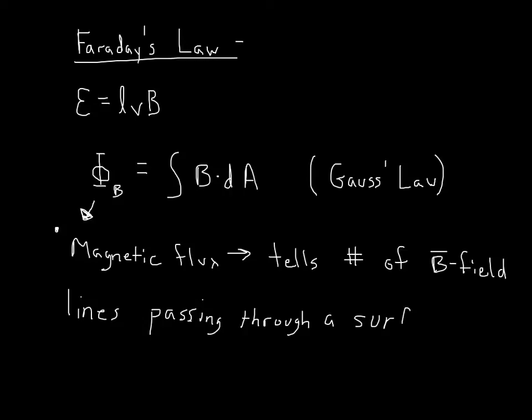And we can see that right there in the definition for it. We saw this the same way in Gauss's law. The magnetic field lines represented by B, and the amount that passed through a surface represented by the integral over dA, the surface area.